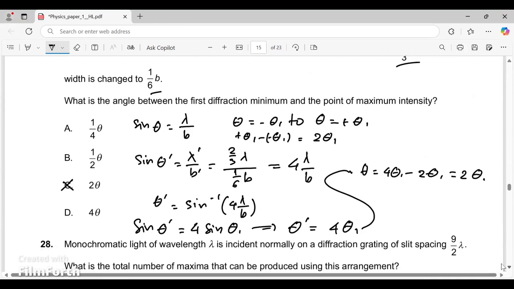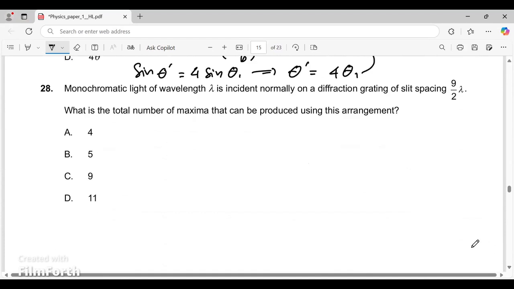Next question. Monochromatic light of wavelength lambda is incident normally on a diffraction grating of slit spacing 9/2 lambda. What is the total number of maxima that can be produced using this arrangement? We need to use the diffraction condition for maxima formula.